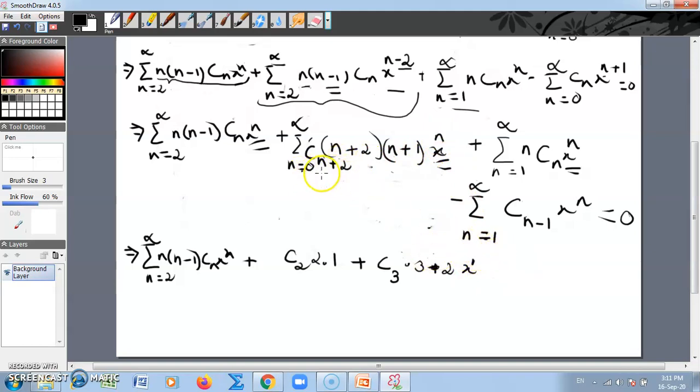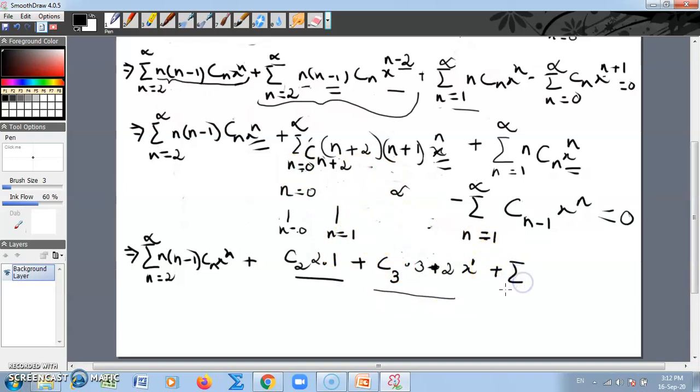So what did we do? We took the n is equal to 0 value. We had the whole value from n is equal to 0 to infinity. So this is n is equal to 0, then n is equal to 1 also we took. This is the value for n is equal to 0 of this expression. This one is for n is equal to 1. Now the rest I put in a summation sign.